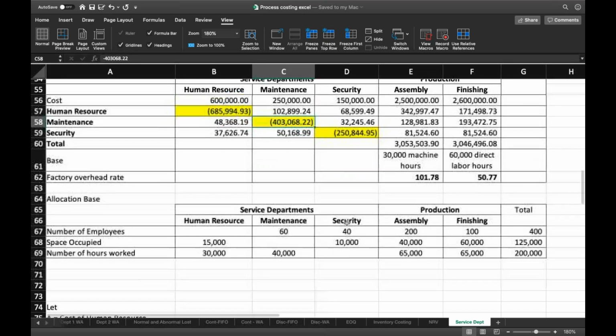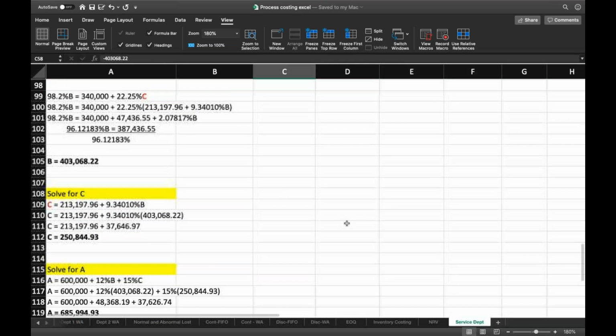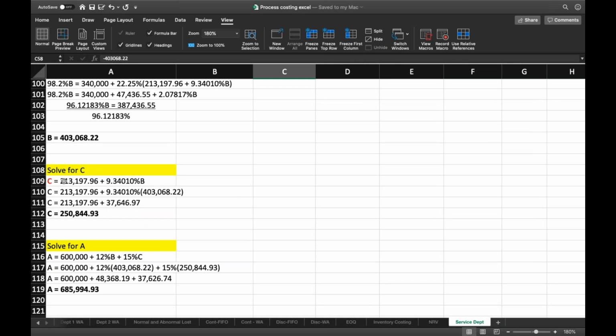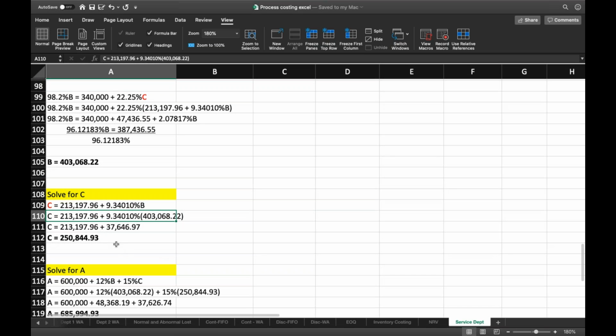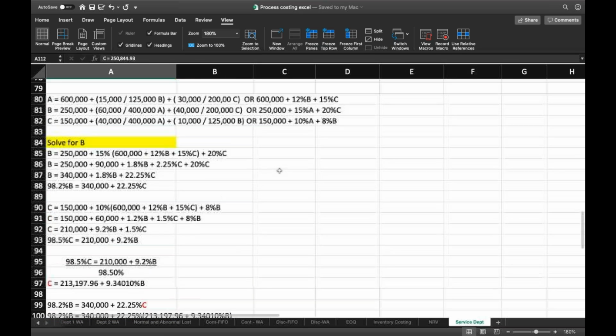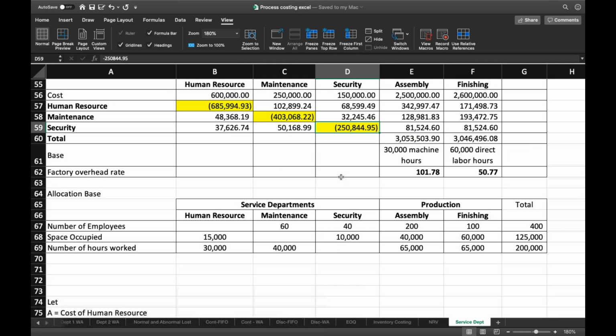Now, when you solve for one variable, it is now easy for us to solve the other variables. So for C, simply copy the one that you already computed above, and replace the variable B with its true amount, and then you will get C is equal to 250,844.93. That's the true amount of the variable C, or the security department.